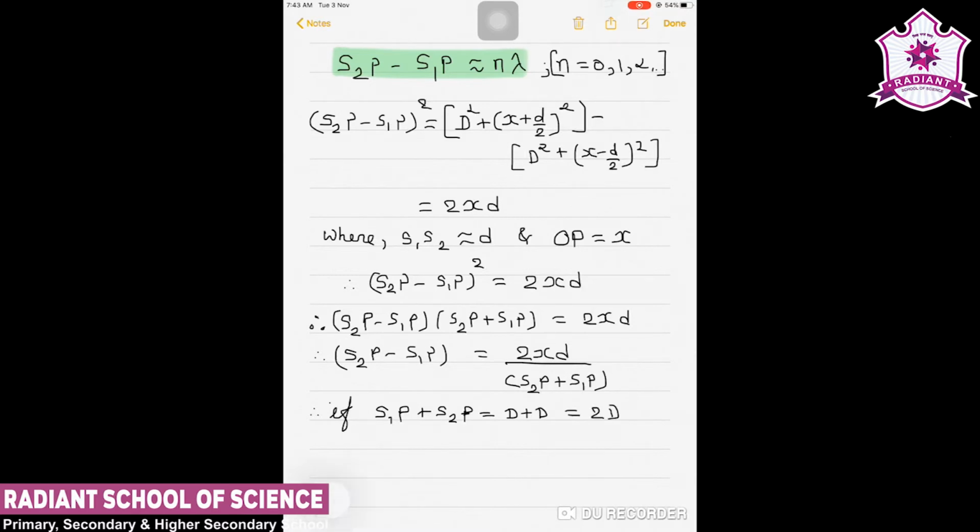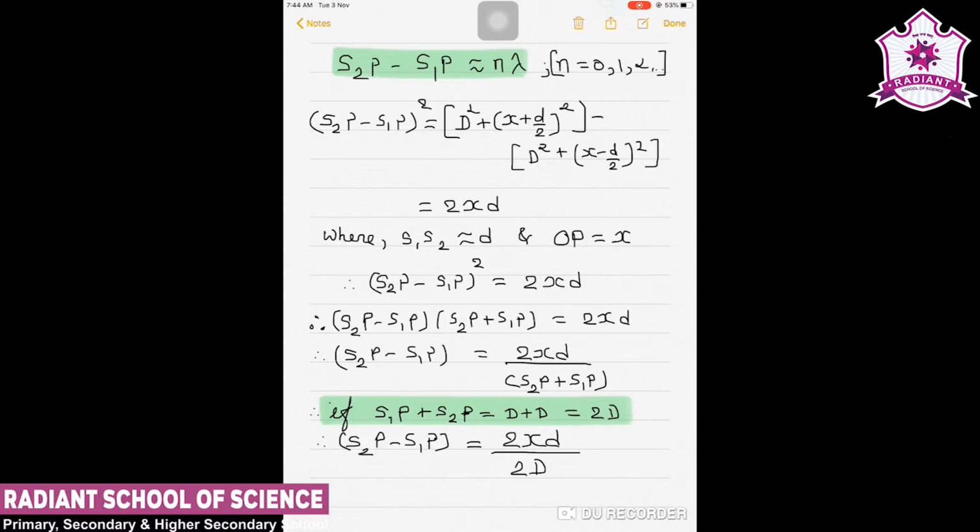On the basis of our assumption, we can replace this, so S2P minus S1P is equal to 2xd over 2D.